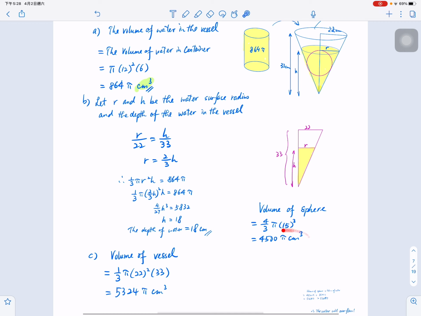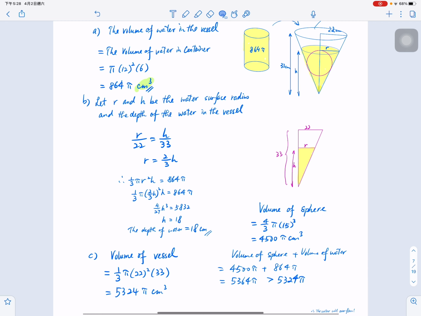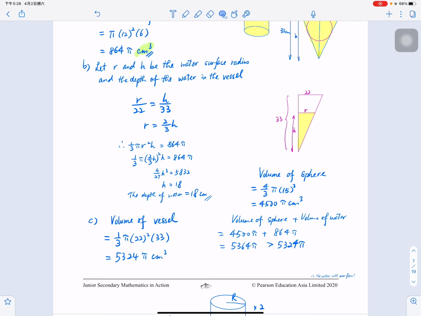If you add up the sphere volume, what is the total volume? Let's see. These two add up, 4,500 plus 864. This one is greater than the total volume of the vessel. See? Then what is the answer? Don't miss the answer.